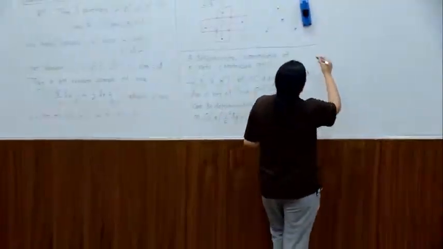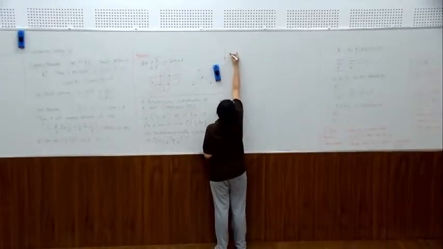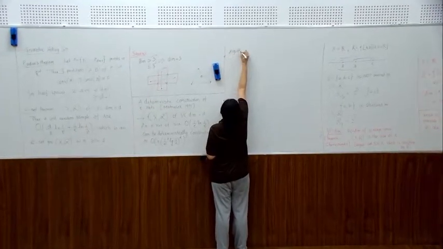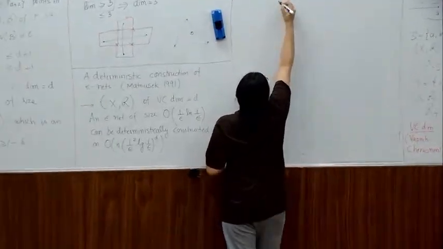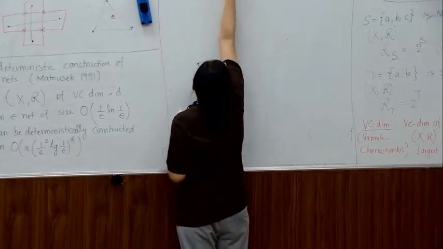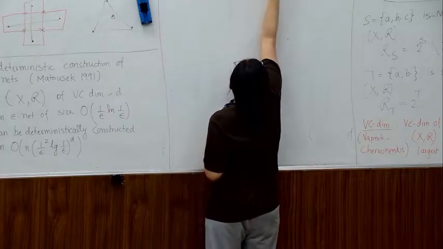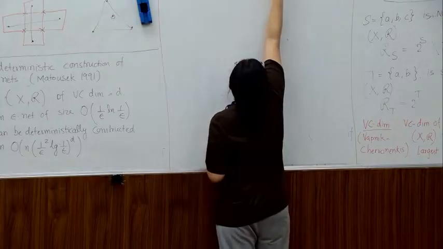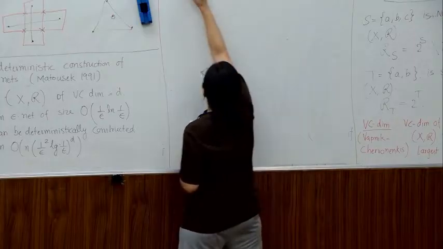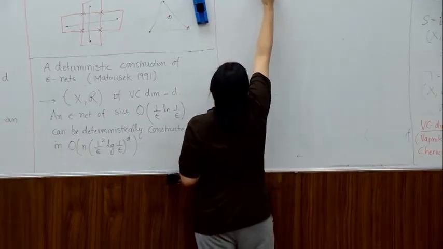Okay, so now we get into this. We want to design an algorithm for hitting set for range spaces with bounded VC dimension.